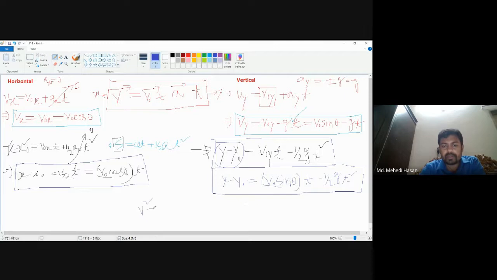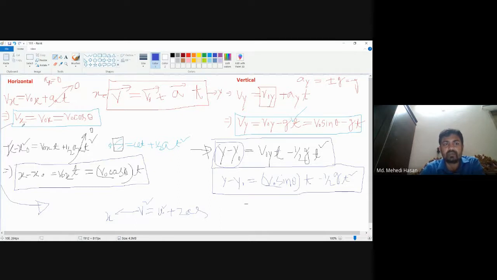And the last equation is v square equal to u square plus 2as. Here, if we just take the x component of this equation, it will give the same as the first one, so there is no need to write down this equation. Thus, you just have to follow these two equations in the horizontal case.